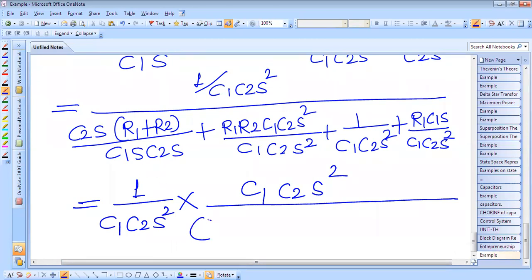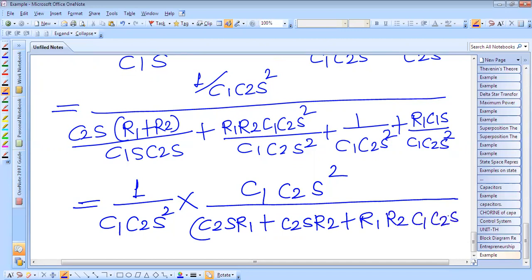We can solve this. C2 S R1 plus C2 S R2 plus R1 R2 C1 C2 S square plus 1 plus R1 C1 S. So this term will get cancelled.